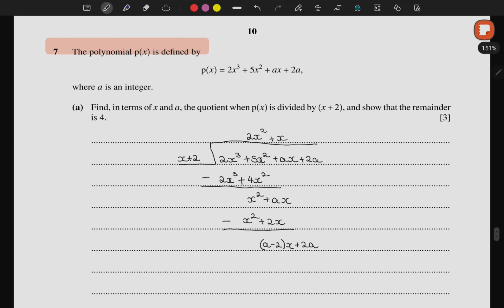So find in terms of a the quotient. That's going to be plus a minus 2. Then I don't think we can simplify. We can try. So that's going to be a minus 2x minus, and then plus 2a minus 4.